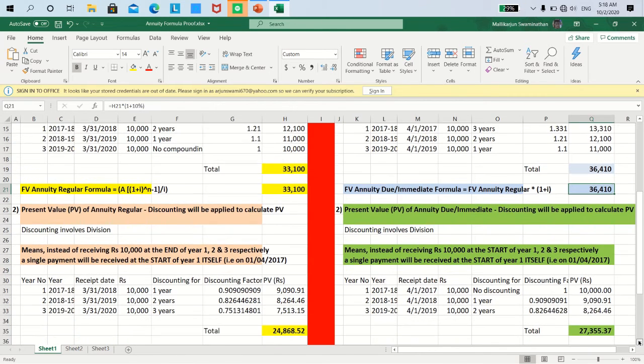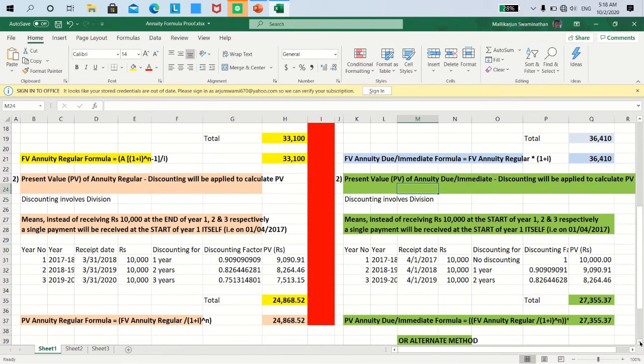And then across to PV of annuity due or immediate, highlighted in green color in row 23, you will notice that in column Q, row 35, the final amount is found out as 27,355.37, highlighted in green color using the long route.